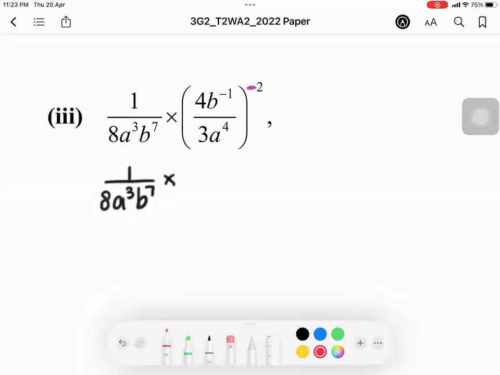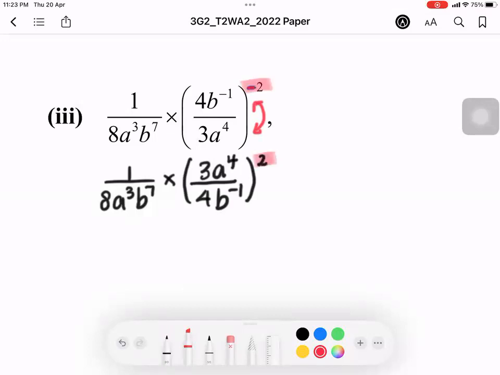So when there's negative power, what do we need to do? We need to flip the whole fraction. So now I'm going to flip the whole fraction to become 3a to the power 4 over 4b to power negative 1. But outside still got a power 2, so the power from negative power becomes positive power 2.